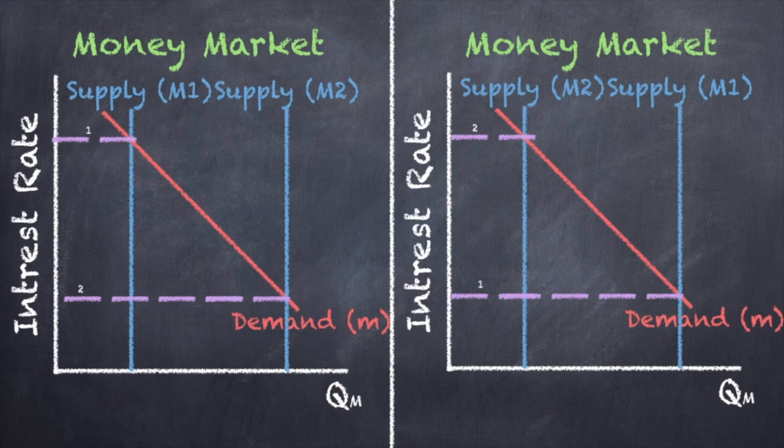With expansionary policy, the supply of money is going to increase, so the quantity of money goes up, and the interest rate goes down. You see the exact opposite in the contractionary policy, where interest rates go up as the supply of money falls.